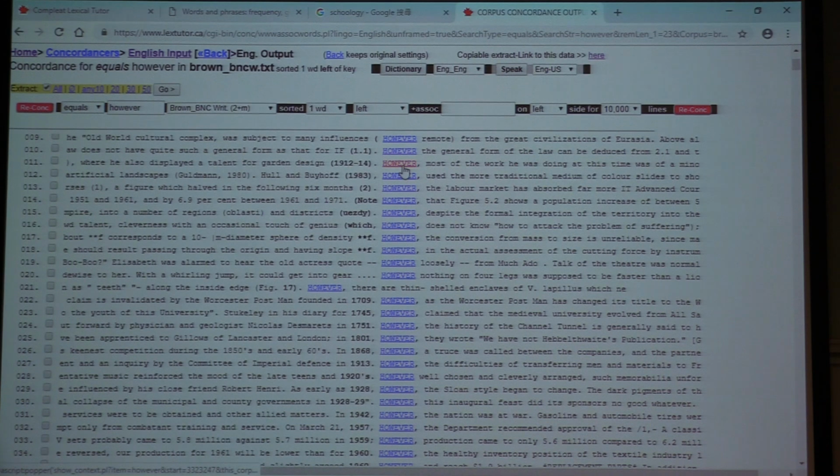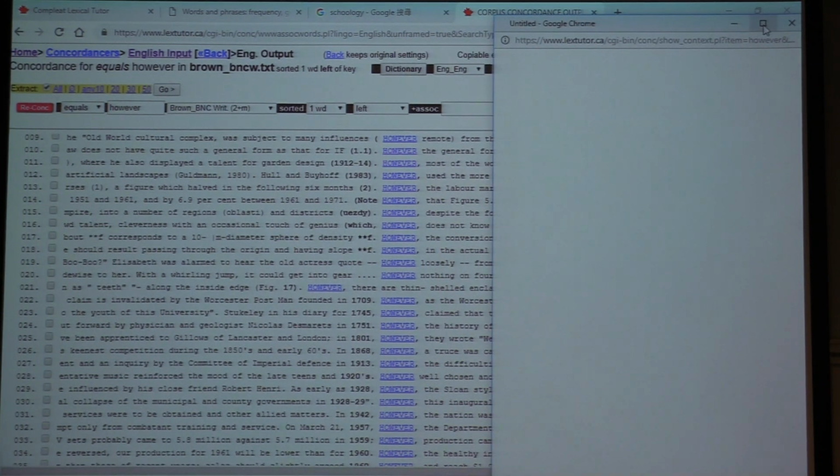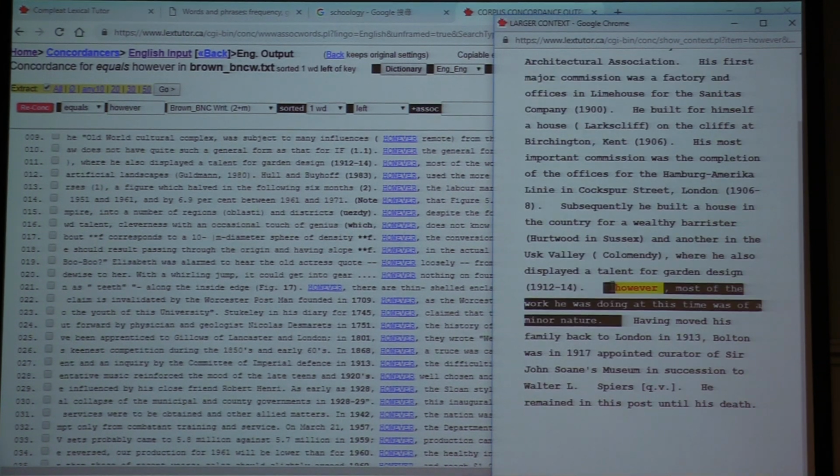And then the sentence. If you click the sentence, you can click the sentence. So, "However, comma, most of the work he was doing at this time was of minor nature." So even if you remove "however," this sentence is still grammatical, am I right? So it's used as an adverb rather than a conjunction, right?